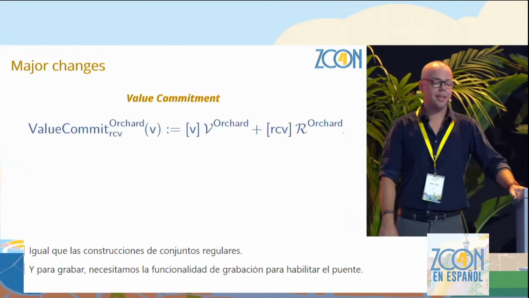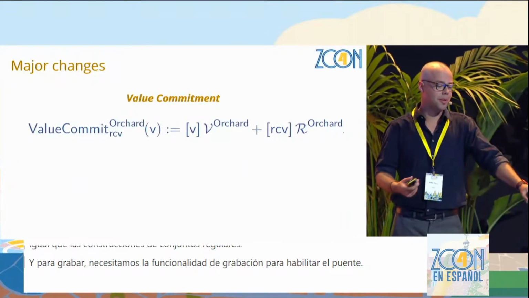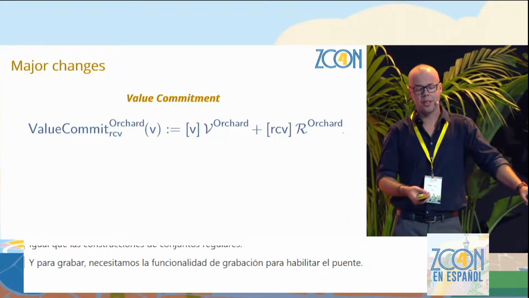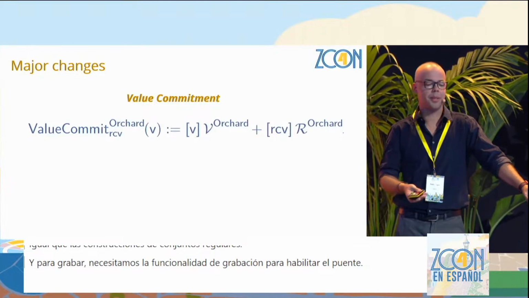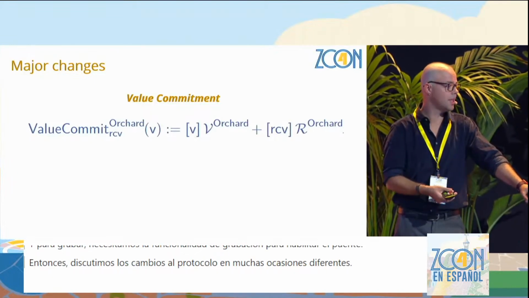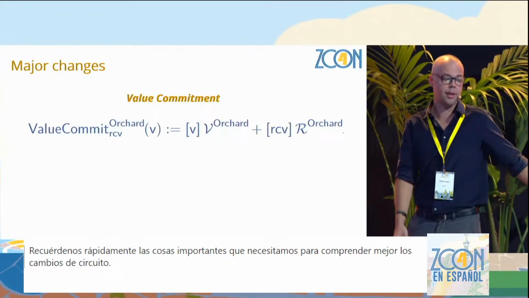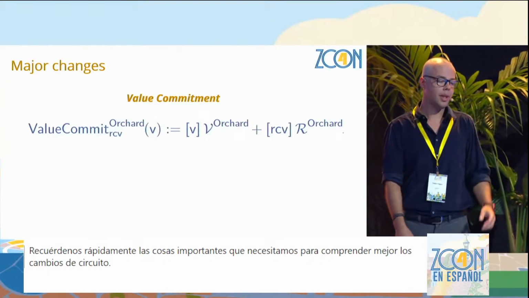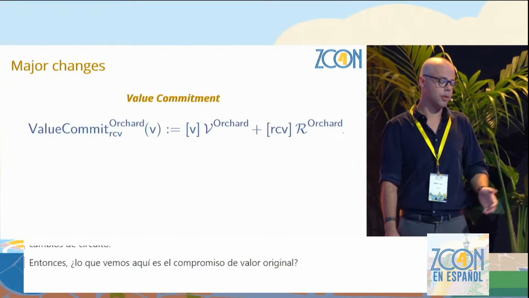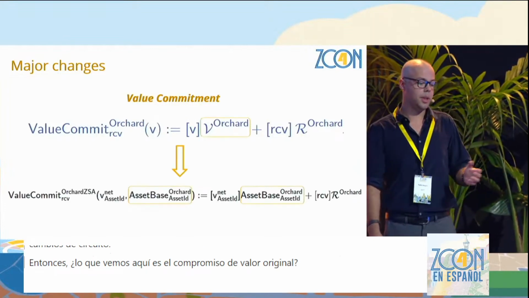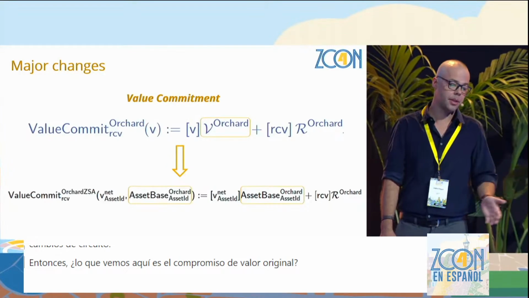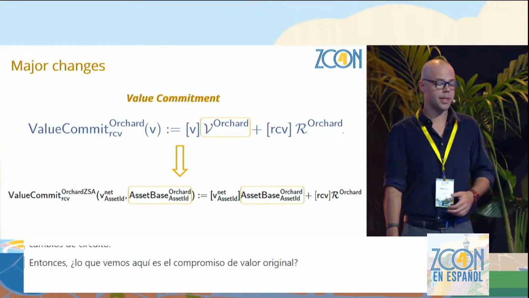We discussed the changes to the protocol on many different occasions. I just quickly remind us of the important things that we need to better understand the circuit changes. What we see here is the original value commitment, a homomorphic commitment, part of the Orchard protocol. What we did was add another parameter to represent the type of asset.